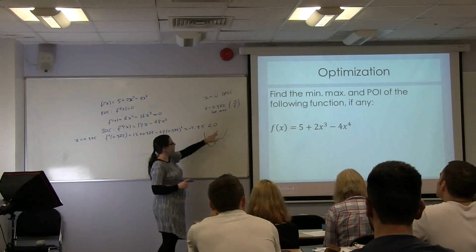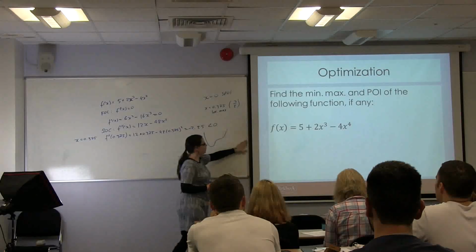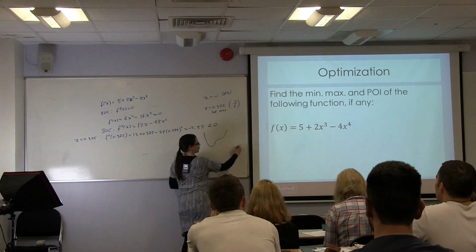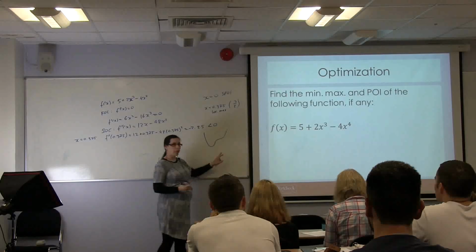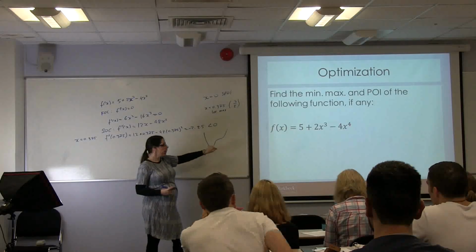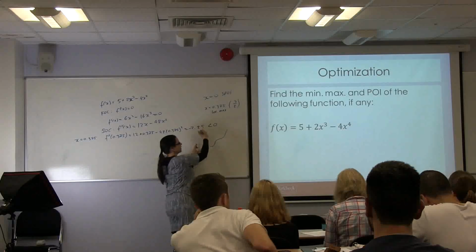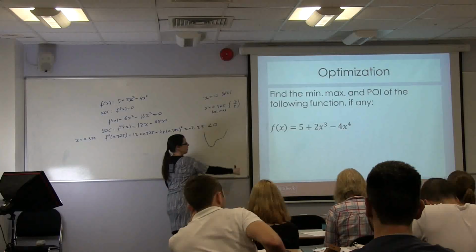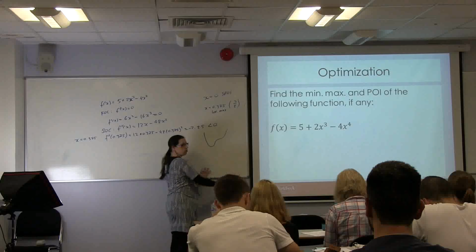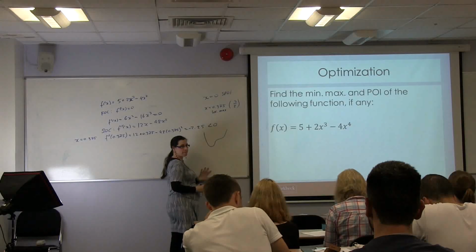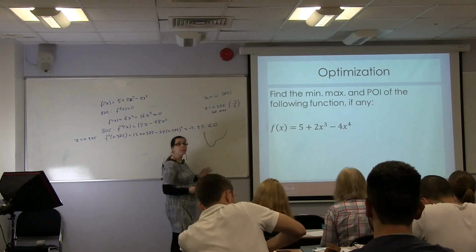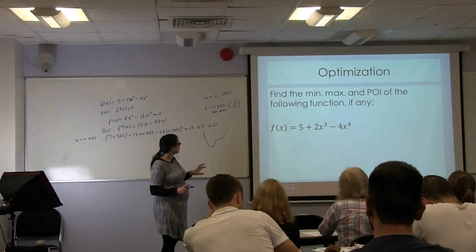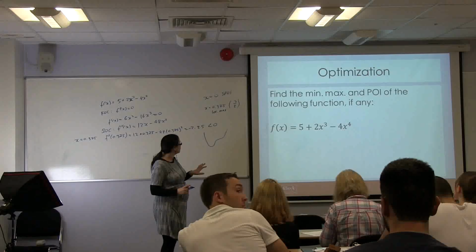So it has to be this way. If it was this kind of function, that is usually an odd power. The even powers are either this way or that way. But if it was this way, we would have a global max. But we don't have a minimum. Sorry, the question is, we don't have a minimum.